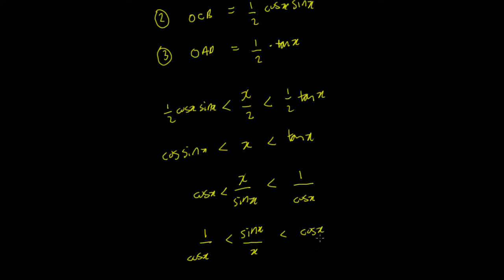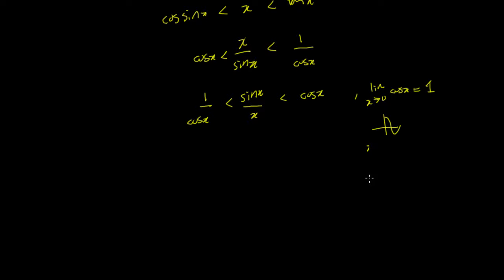Now we know that the limit as x tends to 0 of cos x equals 1, cos x just looks like that, and the same thing can be said about 1 upon cos x: the limit as x tends to 0 of 1 upon cos x also equals 1.